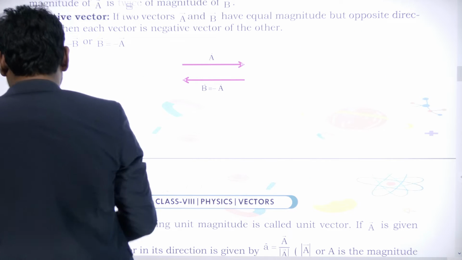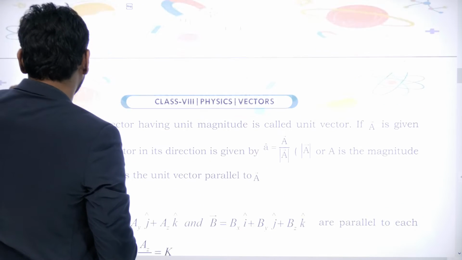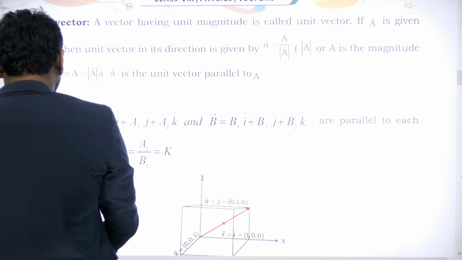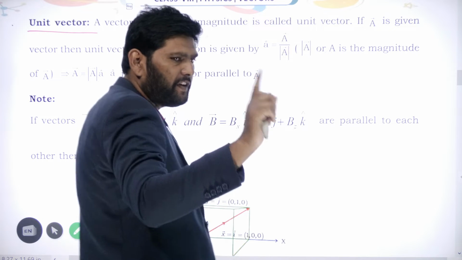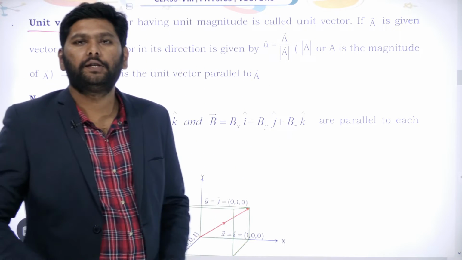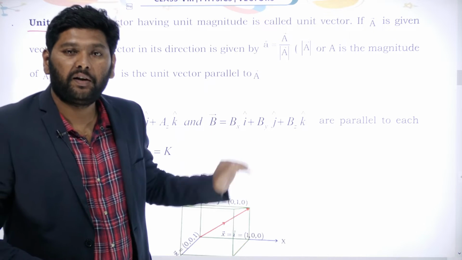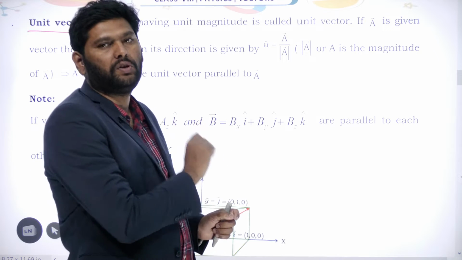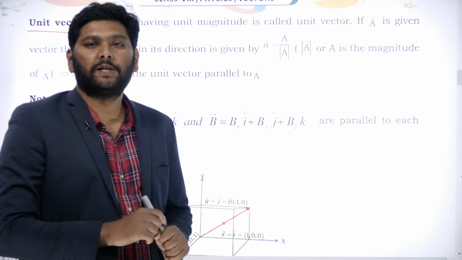And one more very important point here is known as the unit vector. What is that? Unit vector. It is very important. We use this unit vector many times, often in the representation of any physical quantity.